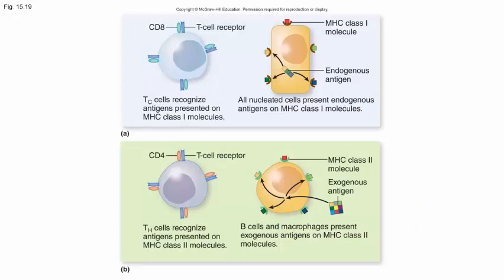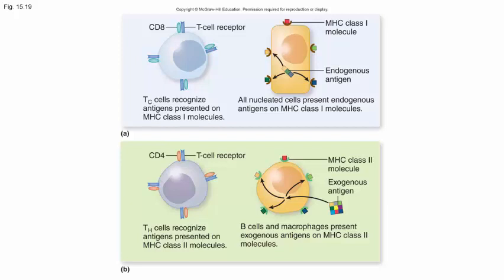And here we have an example that we're going to go through, the antigen recognition by effector Ts. Cytotoxic T cells and helper T cells recognize different antigens. Cytotoxic T cells recognize antigens presented on MHC1 molecules, if you're an endogenous antigen, such as a viral antigen.